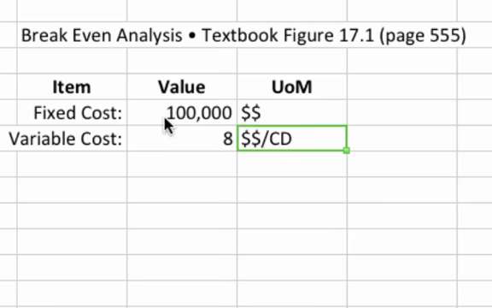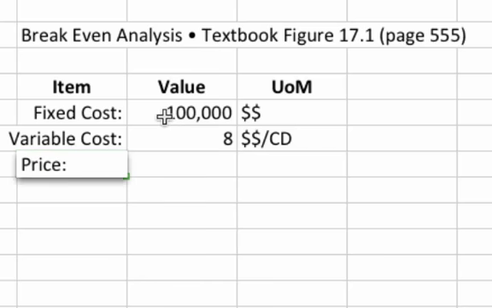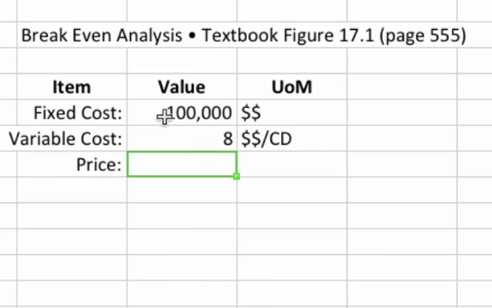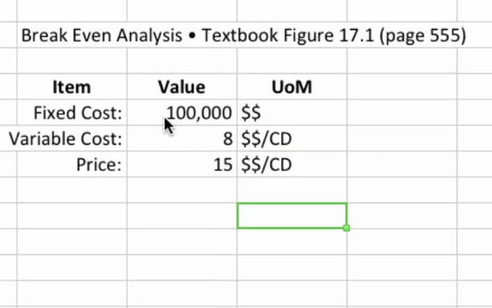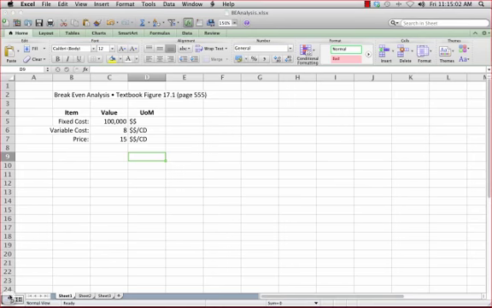You can tell it's a very old example where they actually sell physical media versus downloading off the internet. And then price is $15 a CD. Whoops, 15. And separate from my units of measure. There we go. So that's our data.